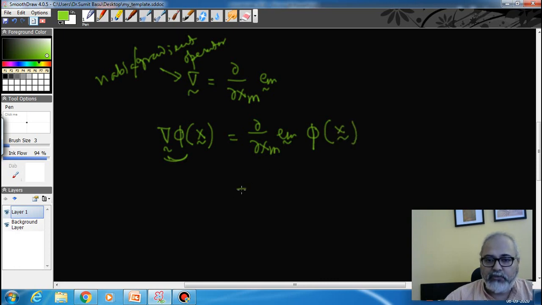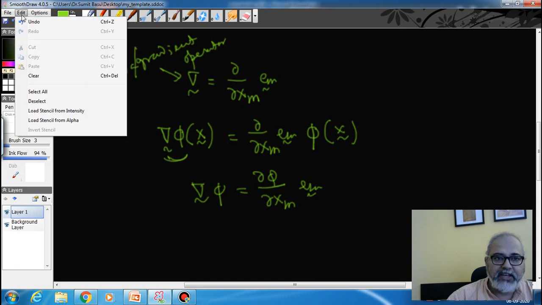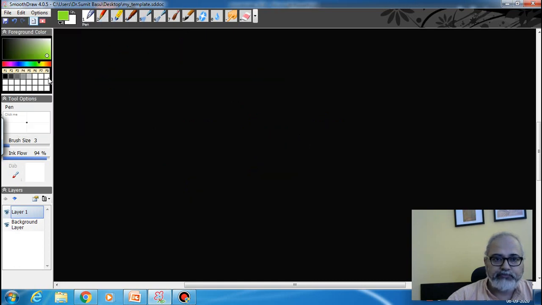So what we will have is del phi del xm em as the gradient of phi. So the gradient of phi, where phi is a function of position, will be given by a vector whose mth component is del phi del xm. That's how we do it for a scalar function of the position vector.